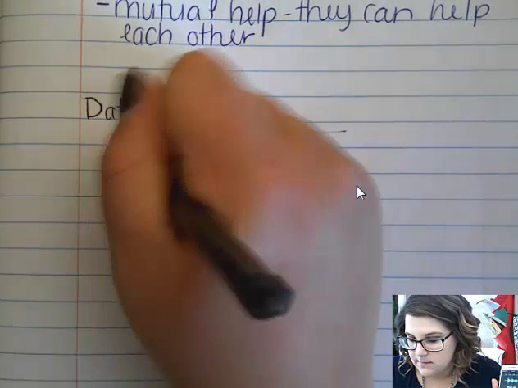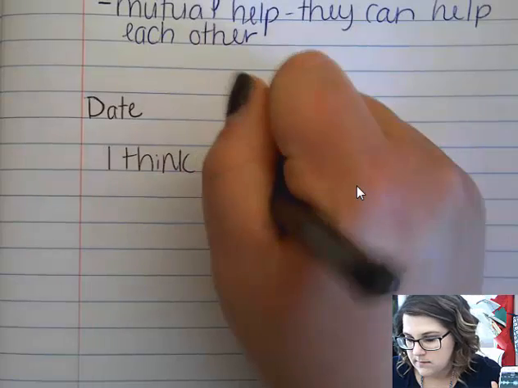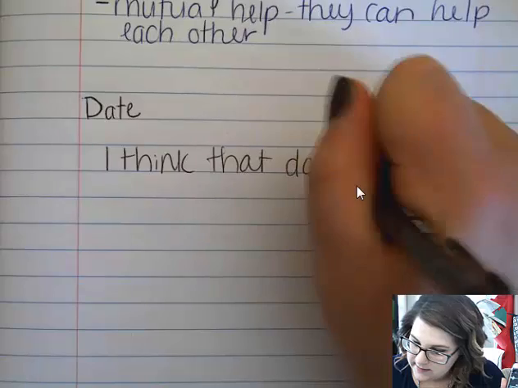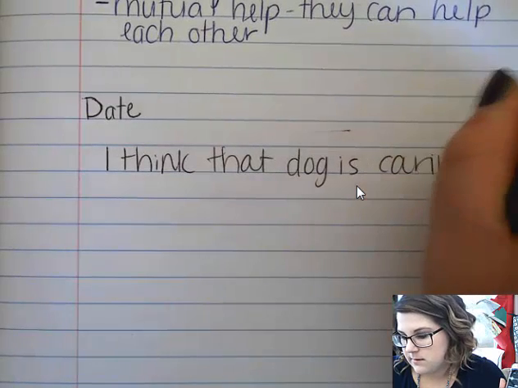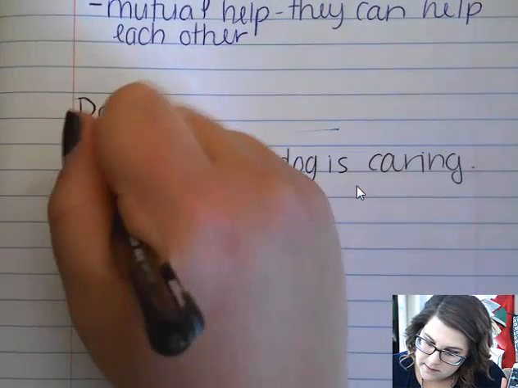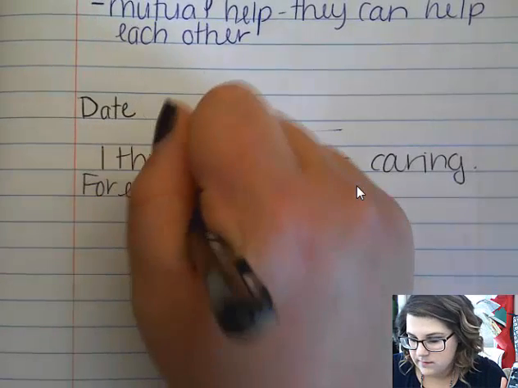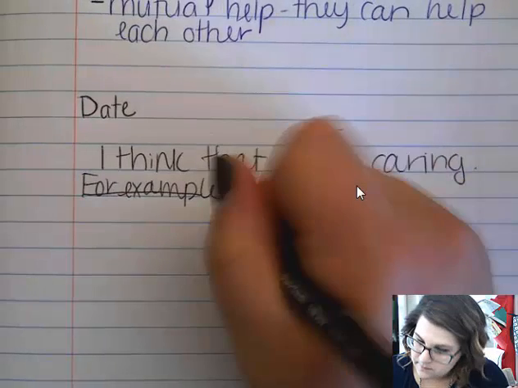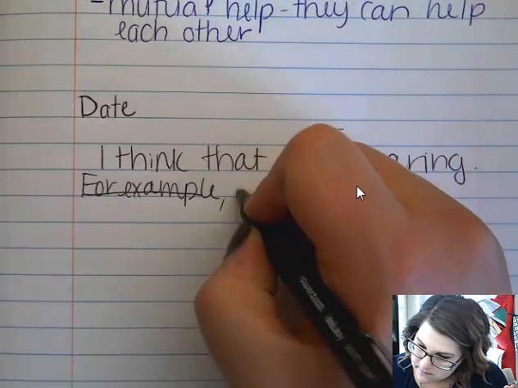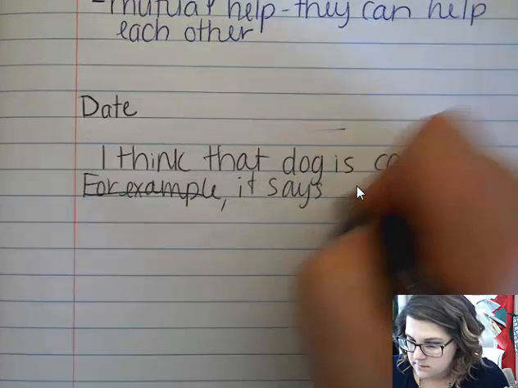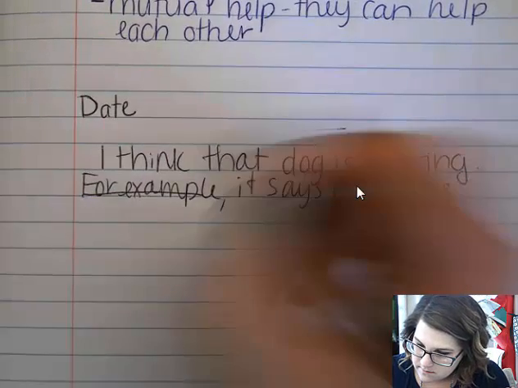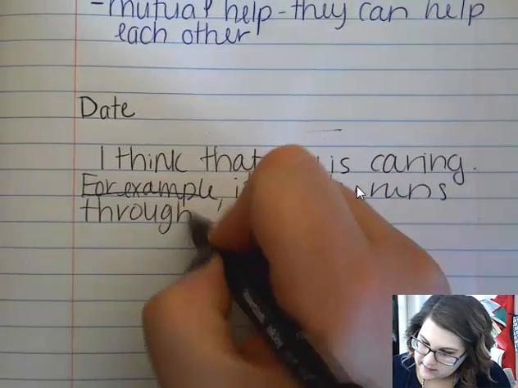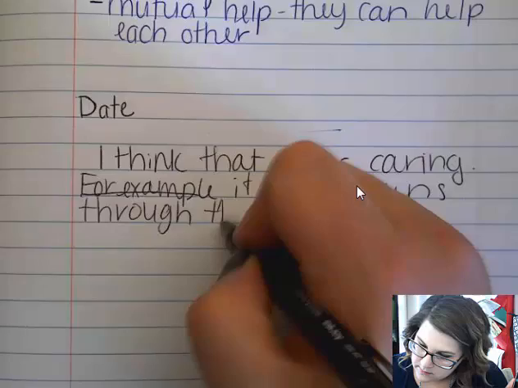I think that dog is caring. For example, I'm going to pause so I can catch up. That dog is caring. For example. I'm going to underline for example because that was the thought prompt. There's my first thought prompt. It says, he runs through the charred forest and takes her to his cave below the river. I'm going to pause and catch up.